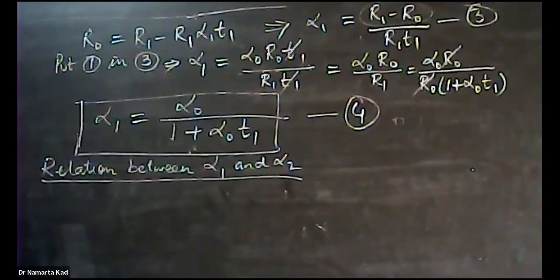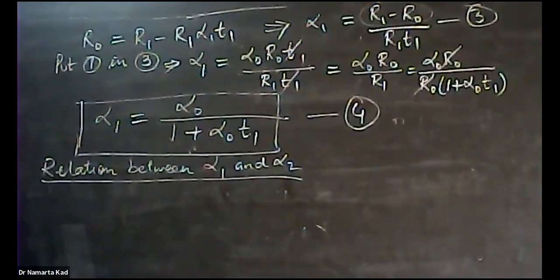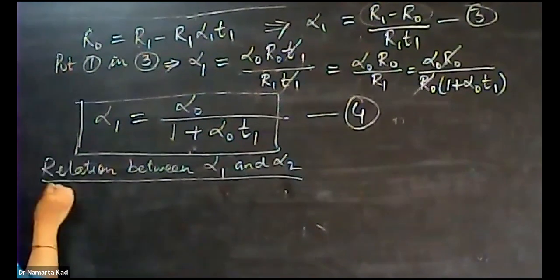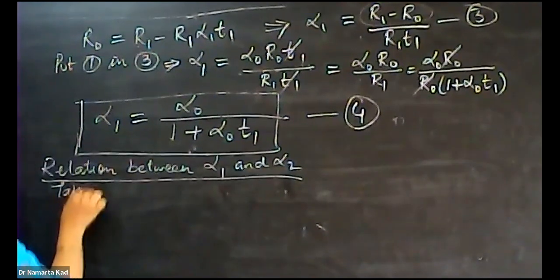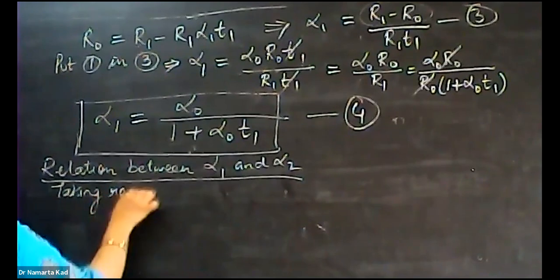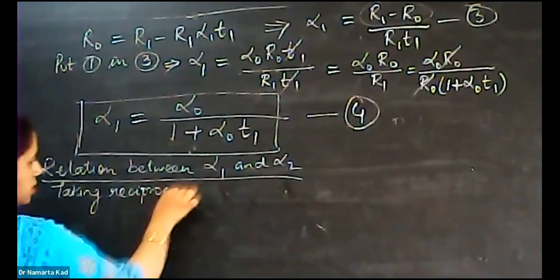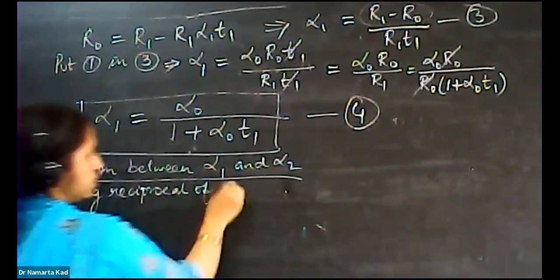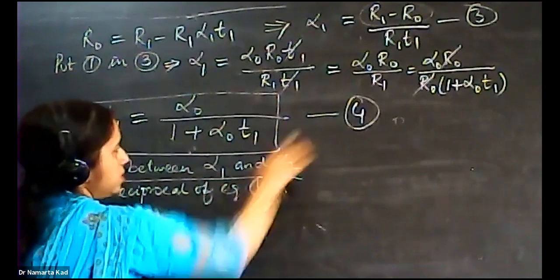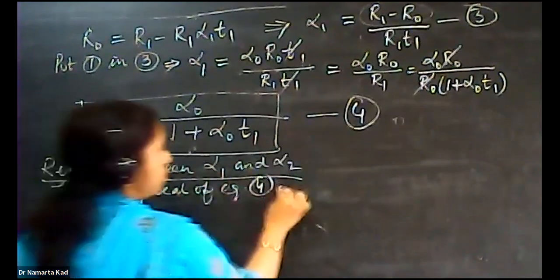Now, for this derivation, the first step is to take the reciprocal of equation number 4. That means take the reciprocal of this equation on both sides.